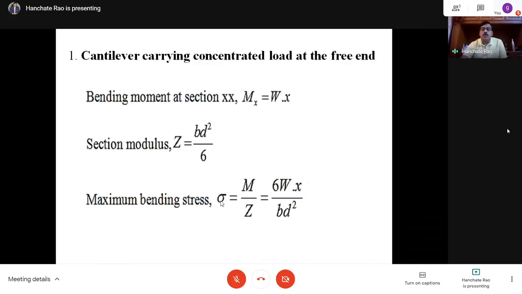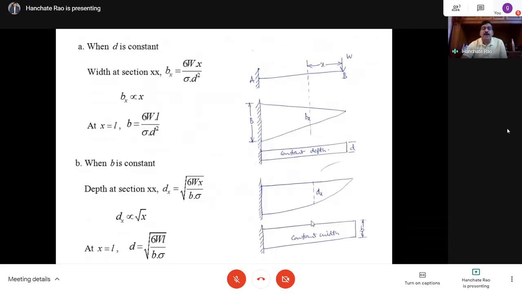D square is equal to 6Wx by B sigma, or D is equal to under root of 6Wx by B sigma. So the depth at any section x is the square root of 6Wx by B sigma. So depth is proportional to square root of x, x to the power of half.